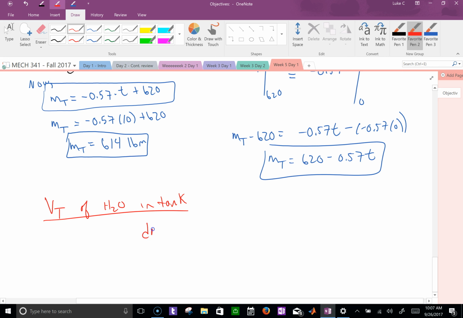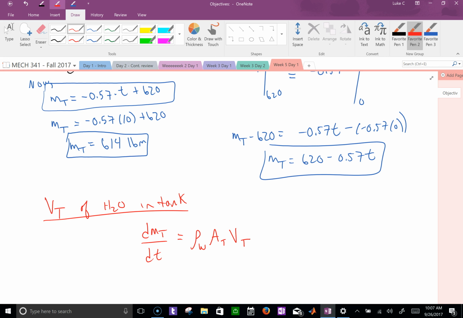So let's find the velocity of the water level in the tank. We know that this is equal to the density of the water in the tank times the area of the tank times the velocity of the water in the tank, the top level. Does that make sense?